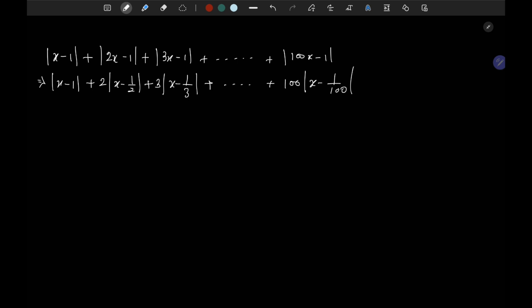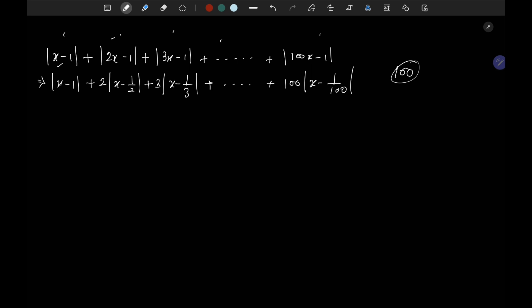Now we have to calculate the total number of terms within this particular function. By total number of terms I mean not only the moduluses, because the number of moduluses we have in this function is 100. As you can see, 1 2 3 4 like this, 100 moduluses we have.